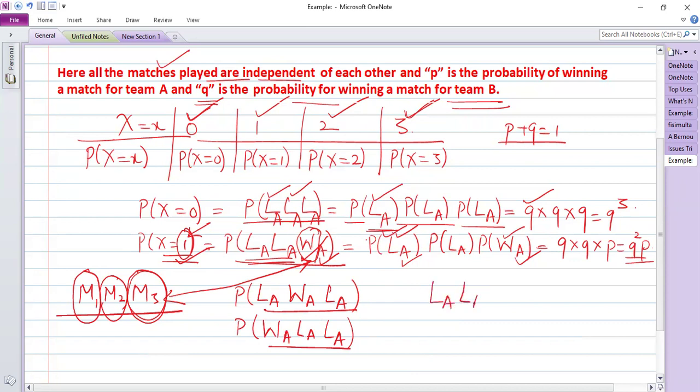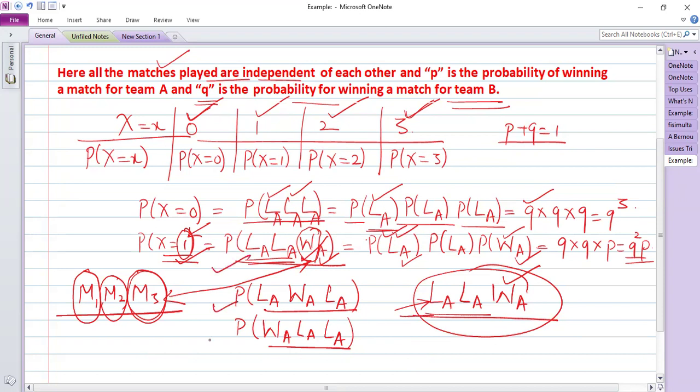Two matches lost by A and one match won by team A. This combination has three permutations, and I have discussed this in the very first lecture on random variable. Please do watch, I have discussed it in great detail. So all these three will have the same probability. What will that probability be? Nothing but Q square into P.